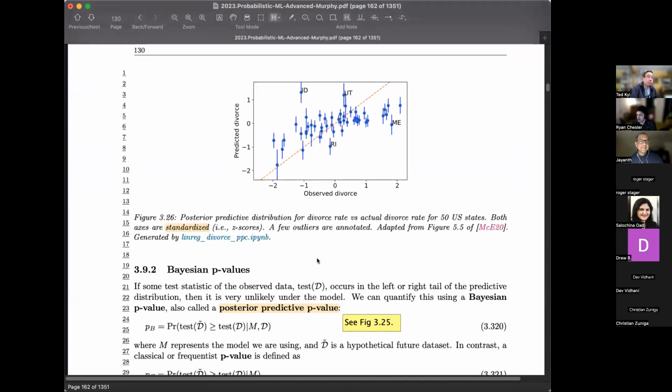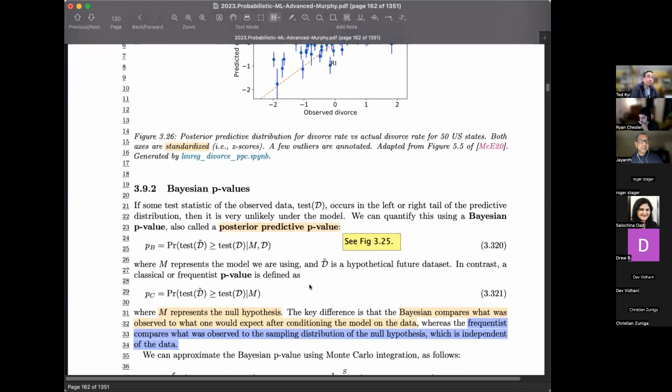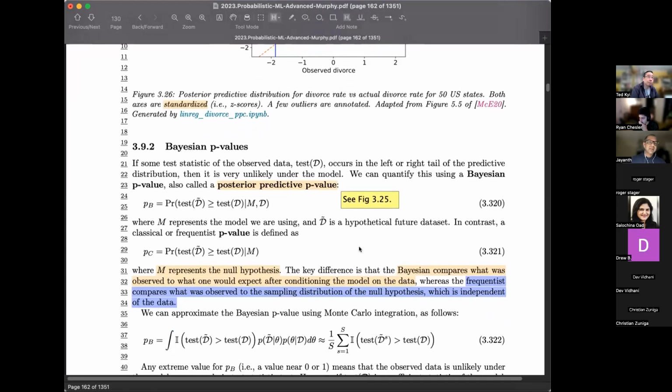Okay, so we talk about p-values here. There's a comparison between a Bayesian p-value and the classical, frequentist p-value. In the frequentist case, we are observing the sampling distribution under a null hypothesis.